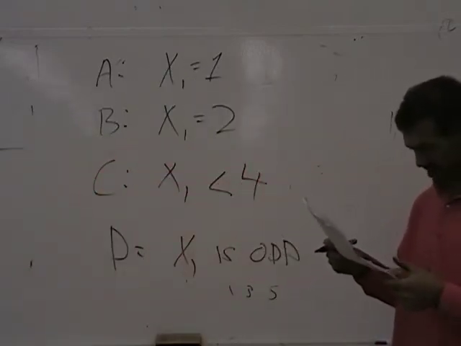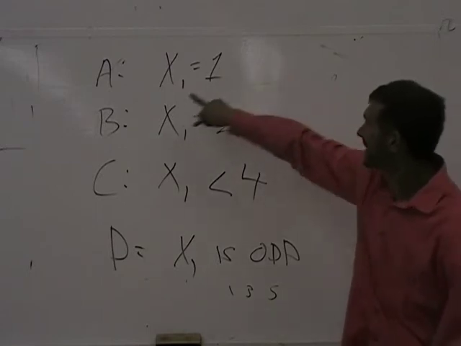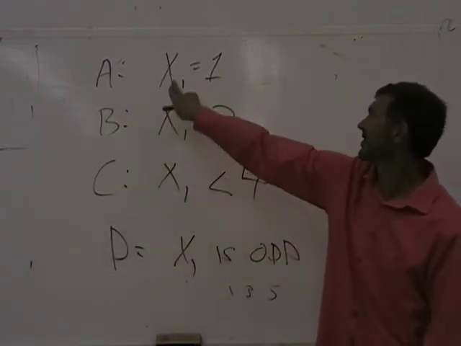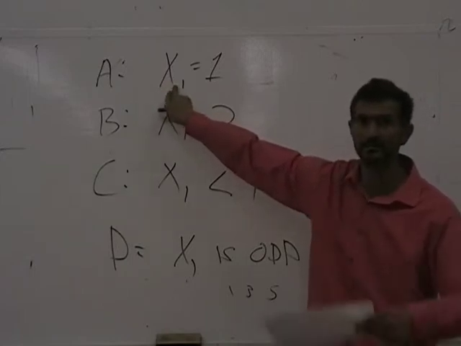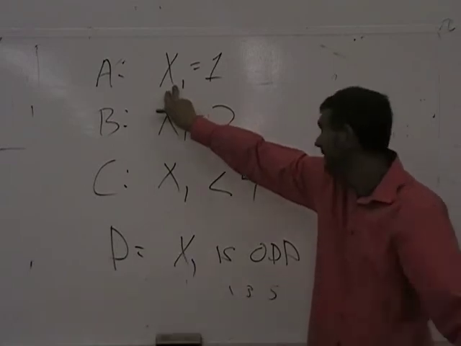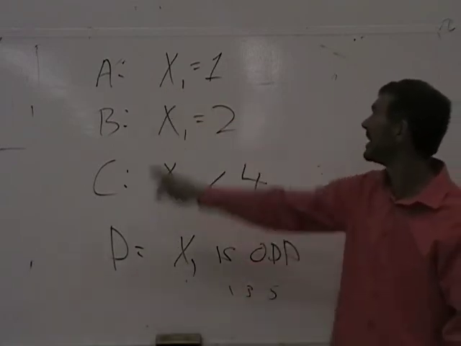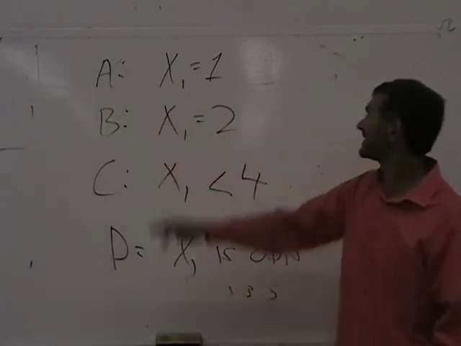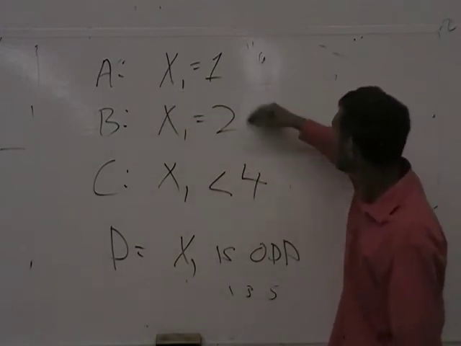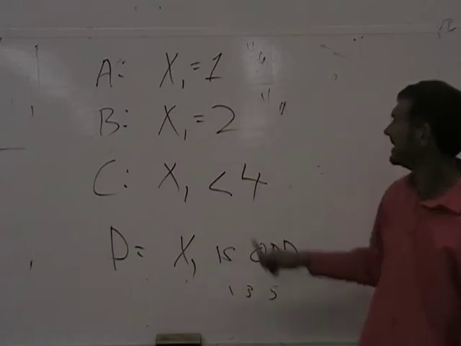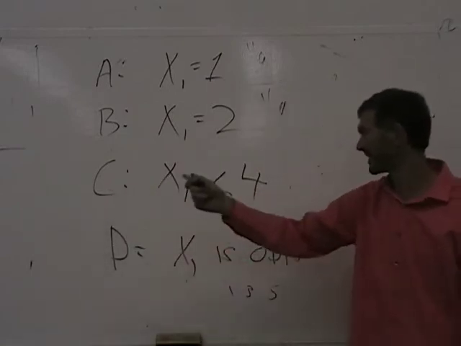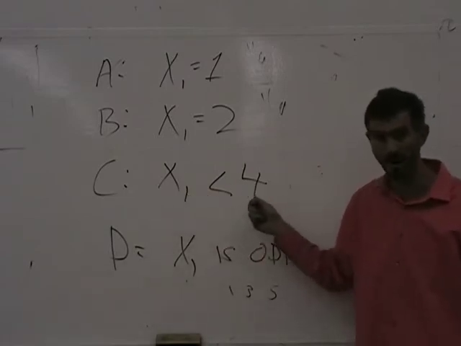So, the probability of A is the probability that x1, the outcome of the dice, the number that is rolled on the first roll, comes out to a 1, which is 1/6. The probability of C is the probability that x1 is less than 4.